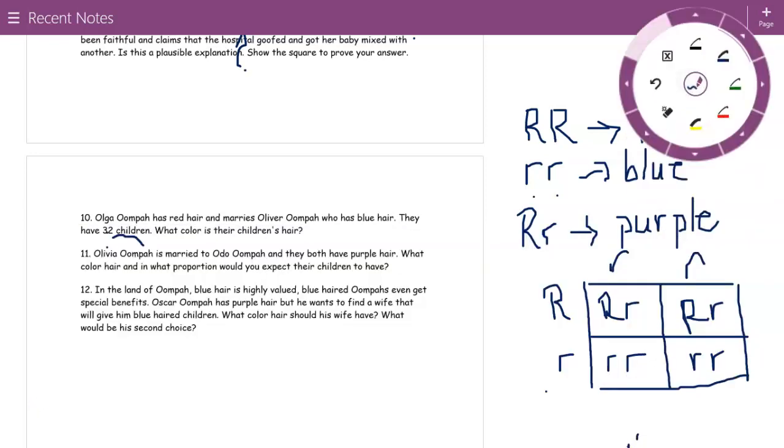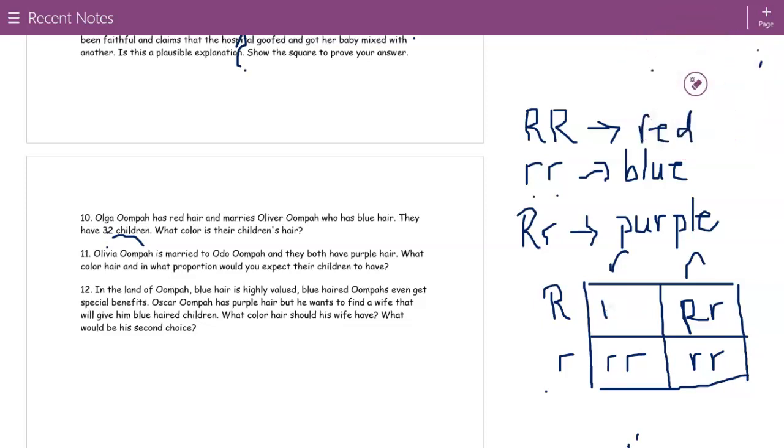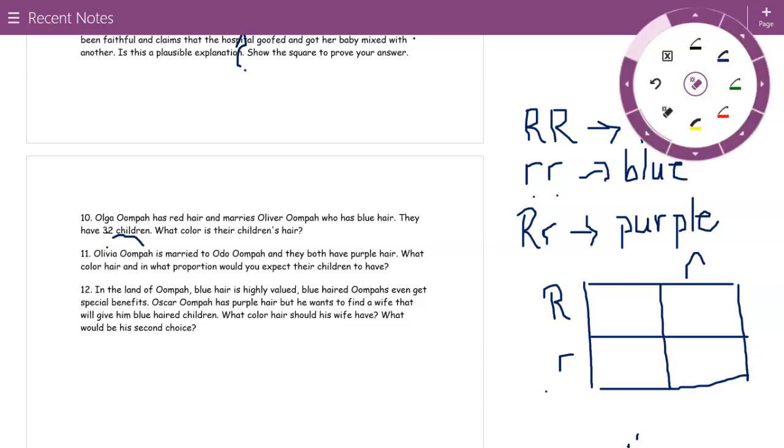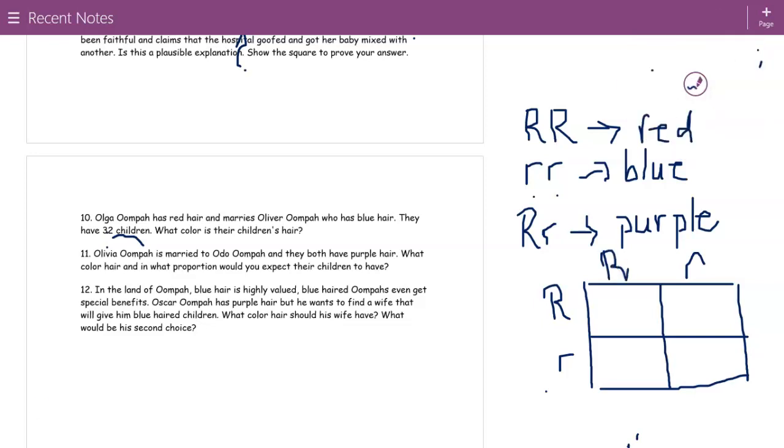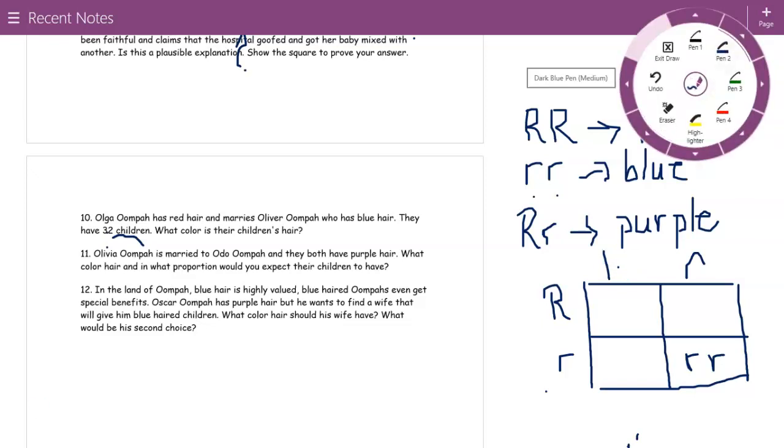What should his second choice for wifey be? Yeah, purple, right? Two heterozygotes. Bottom right corner of your Punnett square is going to give you a homozygous recessive. All right. Oh boy, I drew an extra R in there. Yeah, he can have a wife with purple hair and still get blue-haired children.